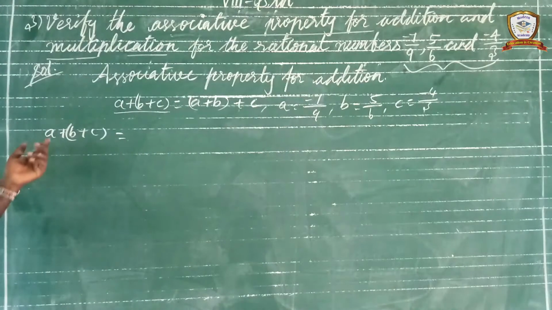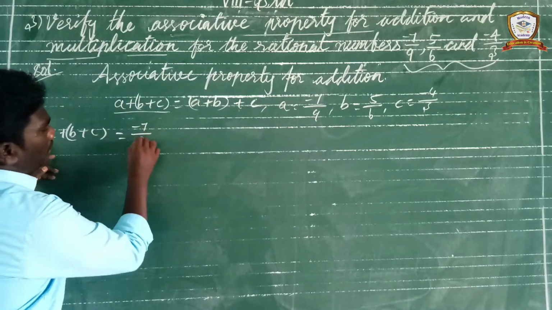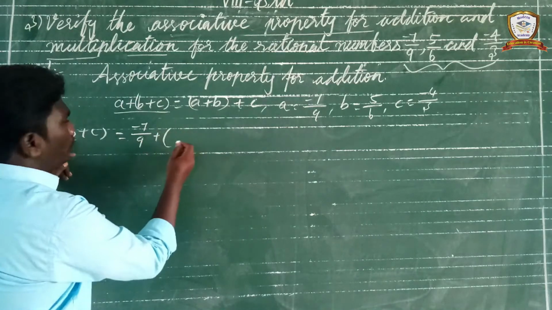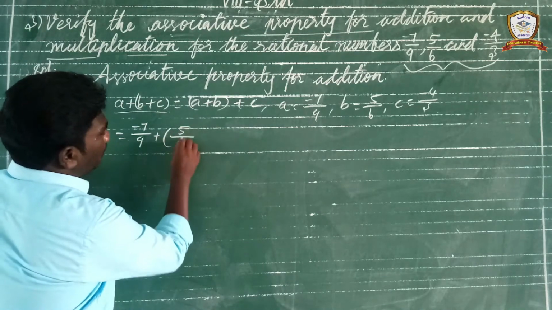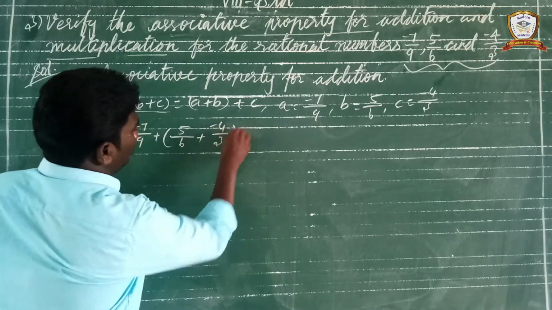First you take A plus of B plus C. So minus 7 by 9 plus of B, 5 by 6, plus C, minus 4 by 3.